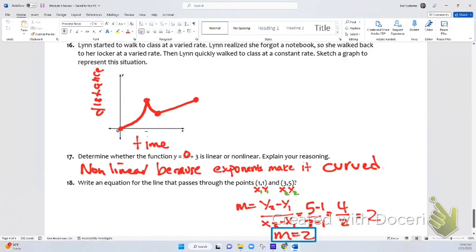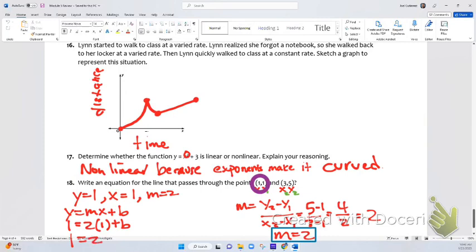Then I take any point I want. It really doesn't matter which one. So my y is my 1. My x is my 1. All I did was I chose this first set of points. And then my m, which we just found, is a 2. So using that information, I have to now find the letter b. Remember, to find b, it's y equals mx plus b. I plug in everything that I know. This is a 1, this is a 2, this is a 1. We're trying to find the b.